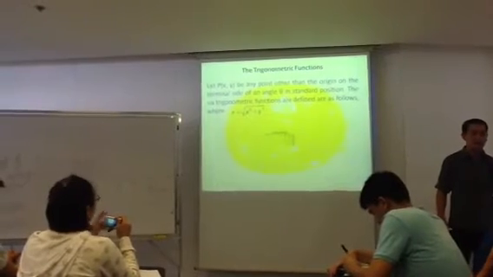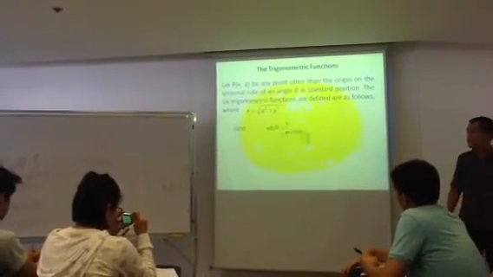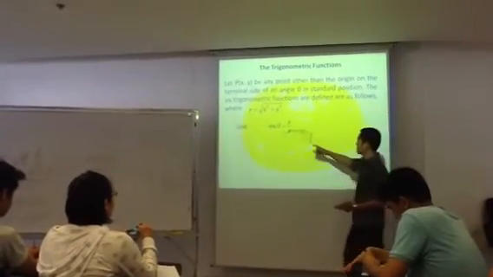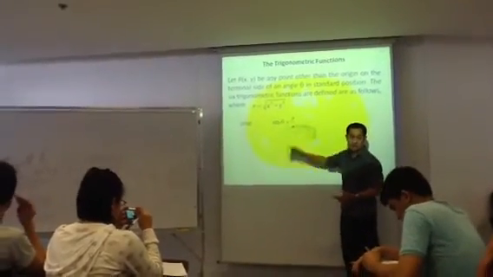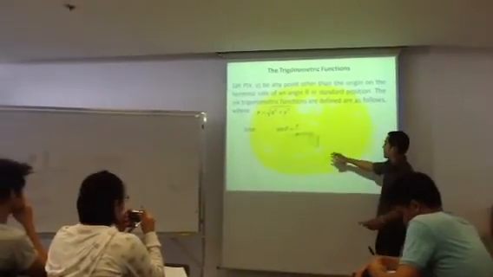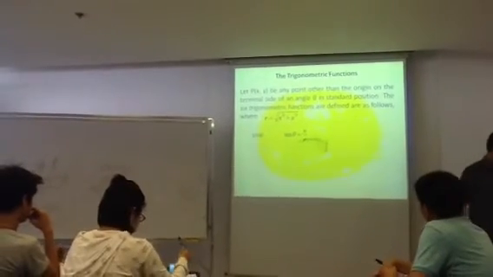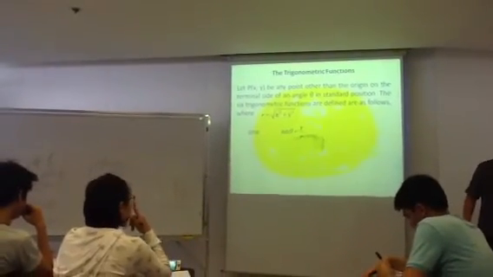And we can define the following. Sine is the ratio of y over r, where y is your vertical axis and r is your diagonal side.